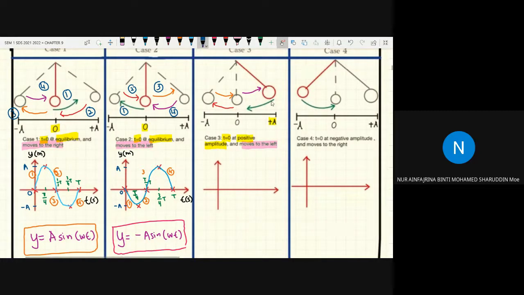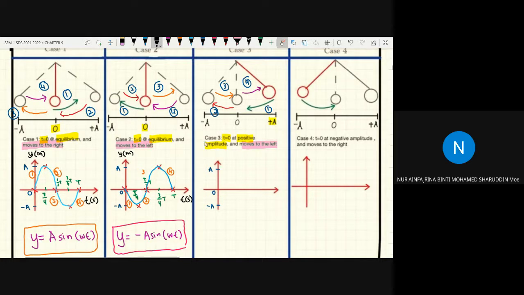And from equilibrium, it returns to positive amplitude. So, this is the same. First start from here, and then second, third and fourth. And the same when you draw, there will be positive amplitude, equilibrium and also negative amplitude.